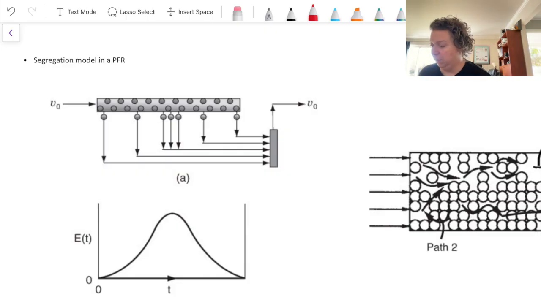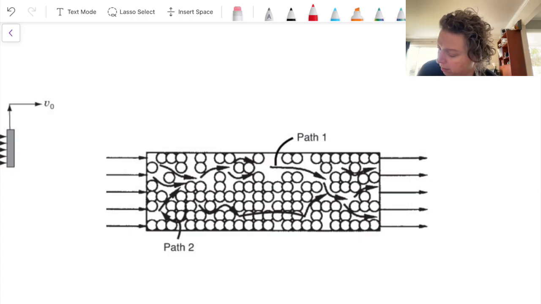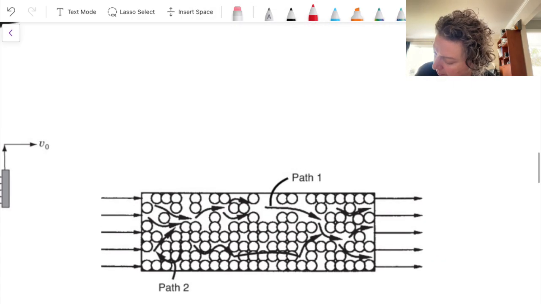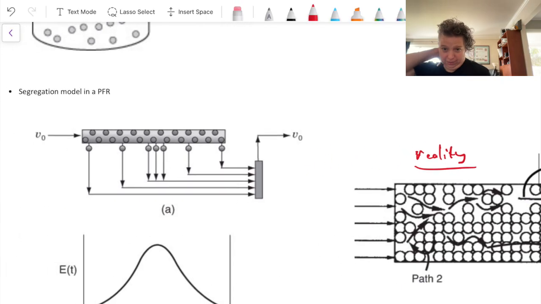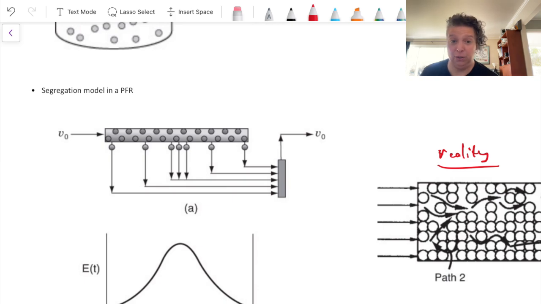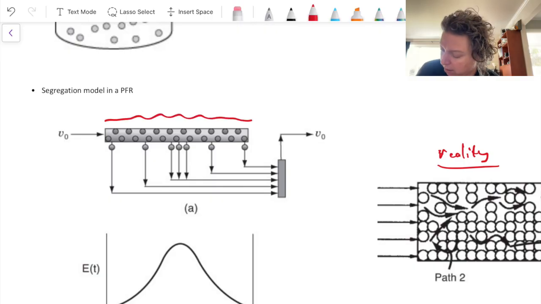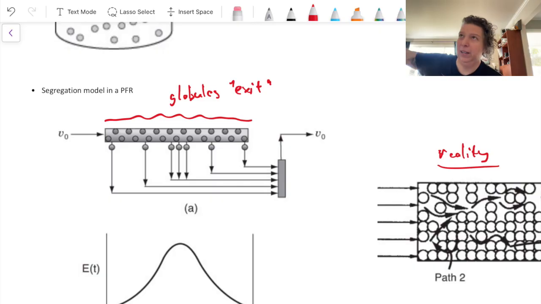What's really happening, like we showed here, is all the molecules are entering, they're just taking different paths through the reactor, and hence they have different residence times. We are going to model that as if everything enters and then exits the reactor according to its residence time. So what we see here, globules exit in quotes, because they're not really exiting in side streams, they're exiting in reality altogether, but we're going to model it as if they are exiting the reactor at different points.